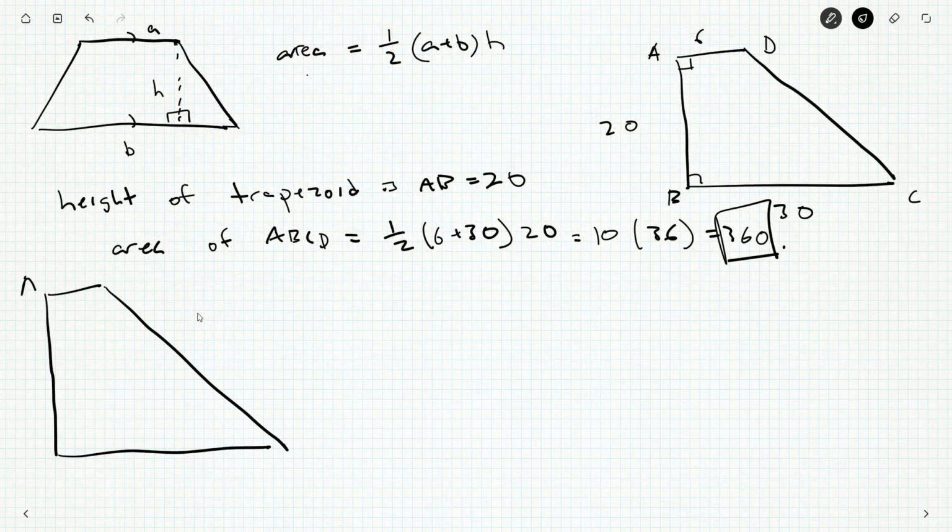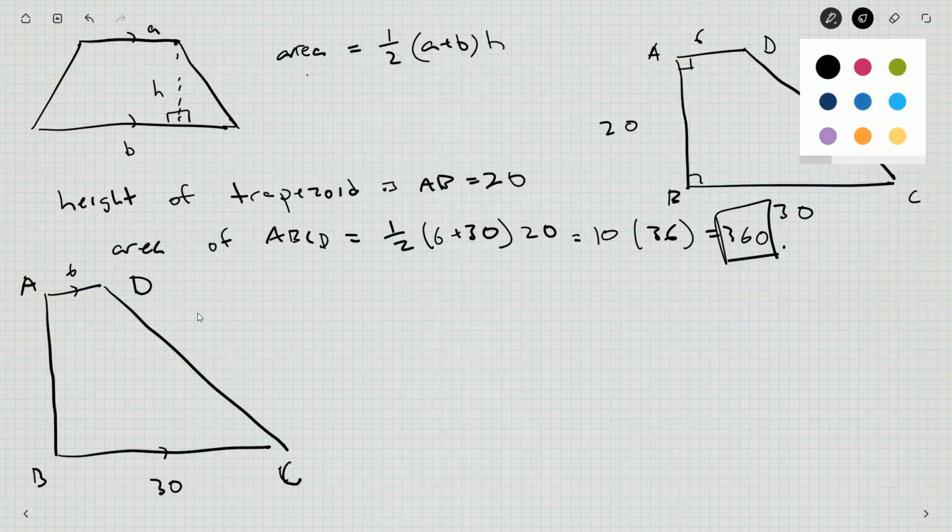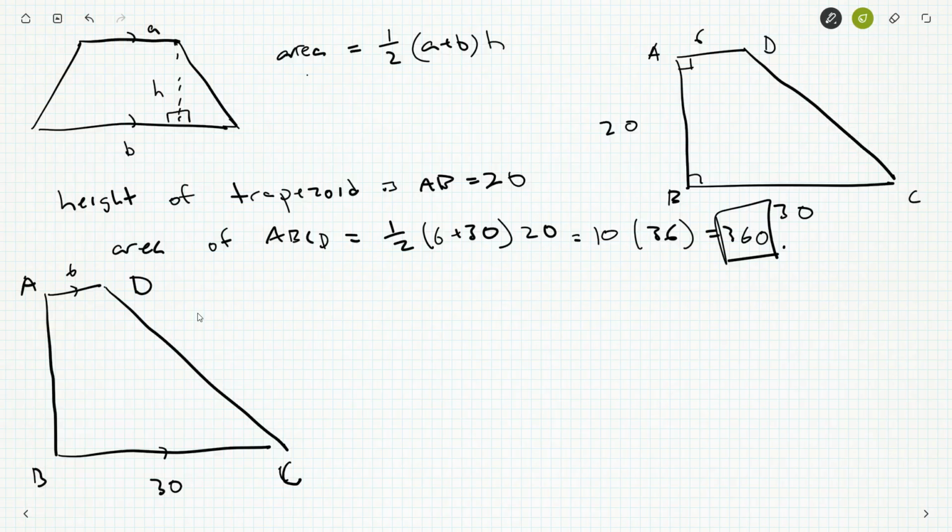There we go. A, B, C, D here. We've got 6, 30. And then we've got this point K, which we will put in green. So K is somewhere around here.